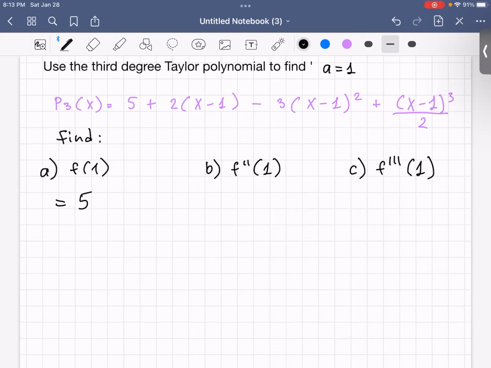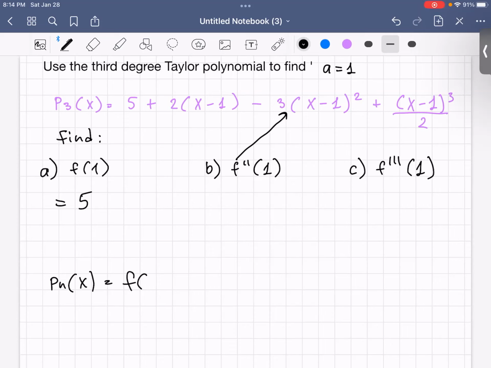The first derivative of 1 is going to be just this number here, according to the formula we saw earlier. Oh no, sorry. The first derivative of 1 is going to be 2, but the second derivative of 1 is going to be this number, but not just this number, because remember the formula.